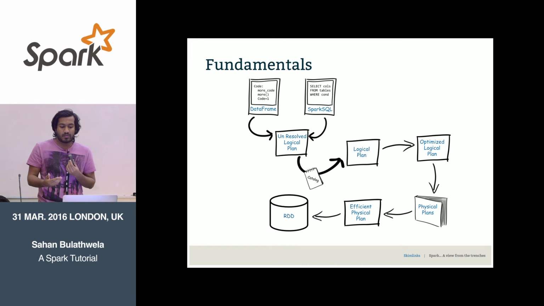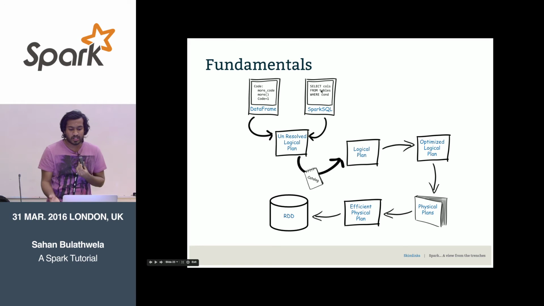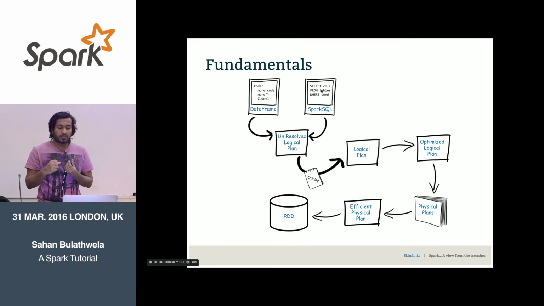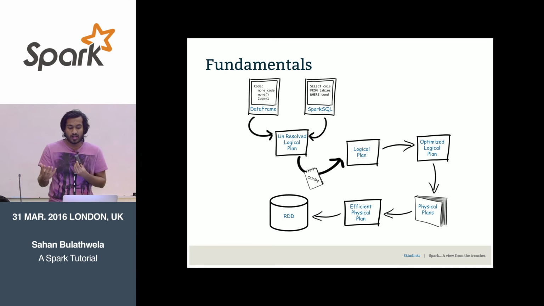One is the DataFrame API and the other is the SparkSQL engine. Once you express the data you need, it builds an unresolved logical plan, which is pretty much Spark building a plan on how it should transform this data to get the output the user needs.